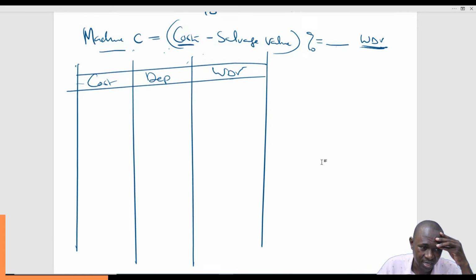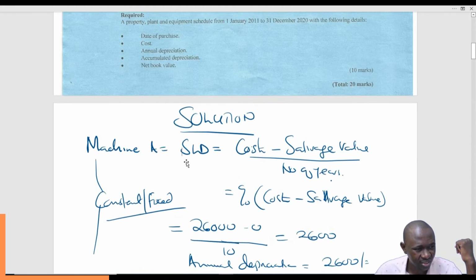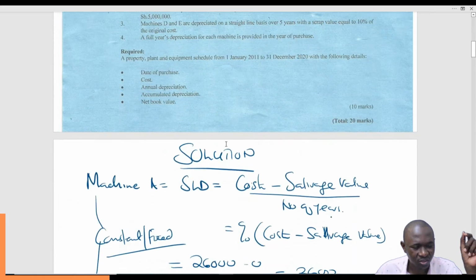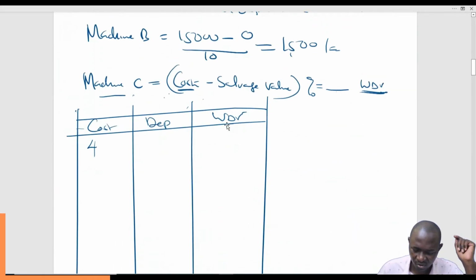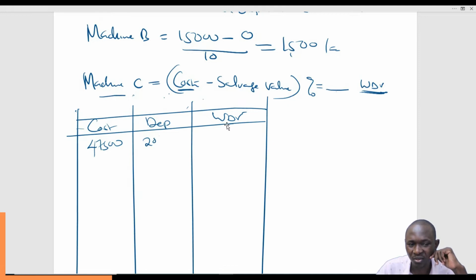So the cost here is 46,500? Let's just check to confirm. The cost is 47,500. And then the depreciation, we've been told, is at the rate of 20%, and then the written down value. Now that's what we are looking for.